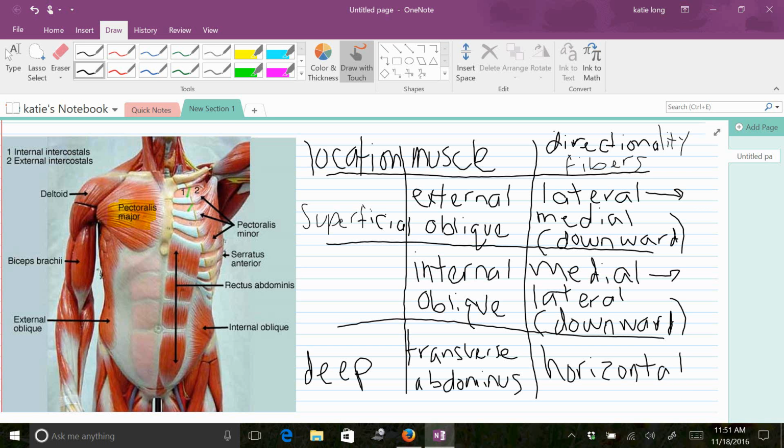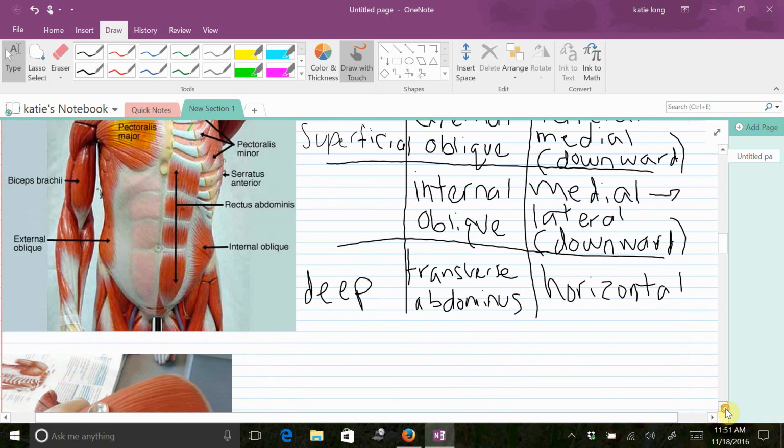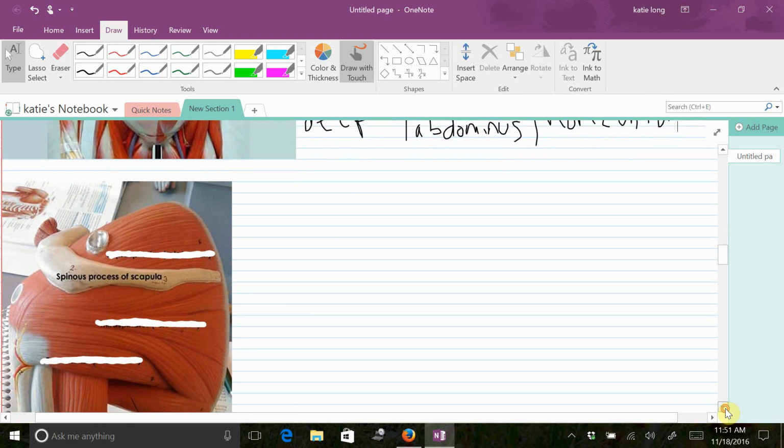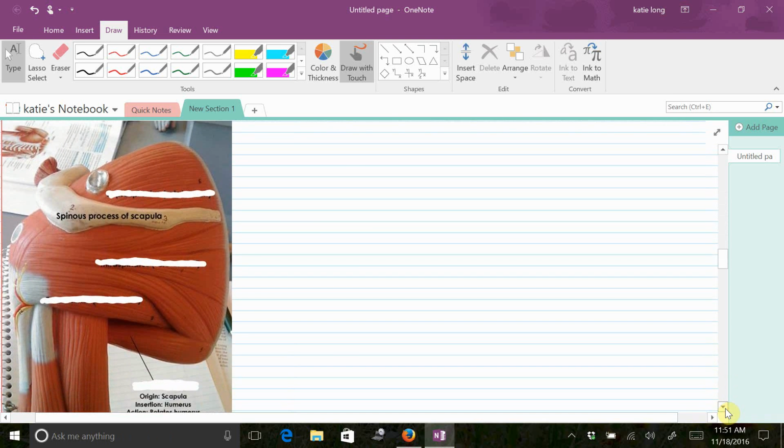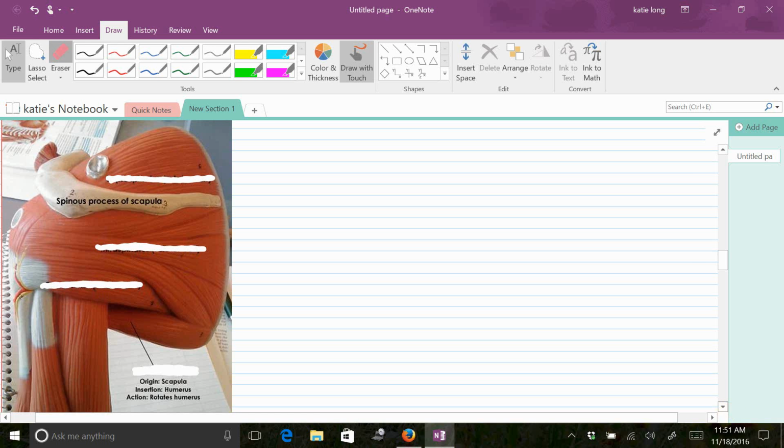So we will move on. Okay, if you haven't already gotten your bearings, please do so now. We already labeled these muscles on another image earlier, and we're going to do it again. You see the spinous process of your scapula.